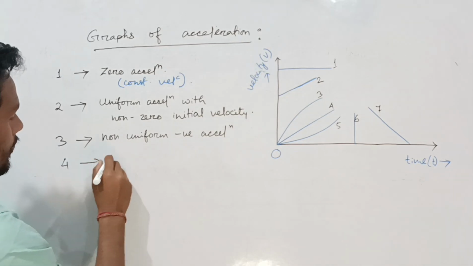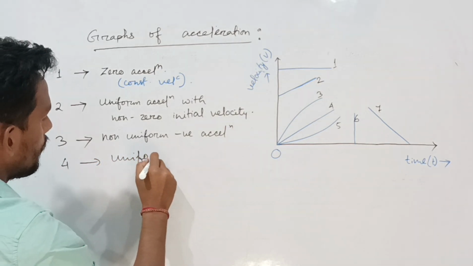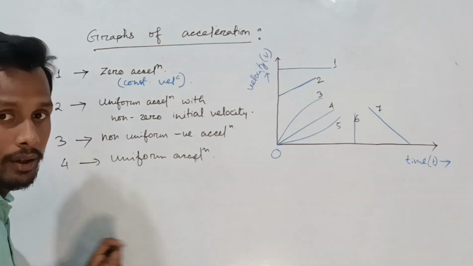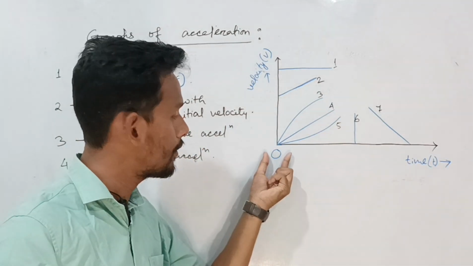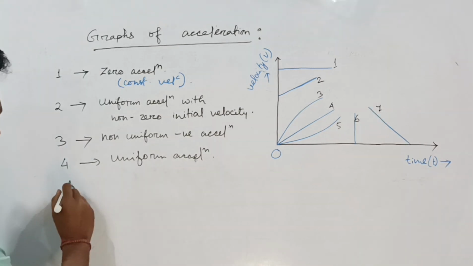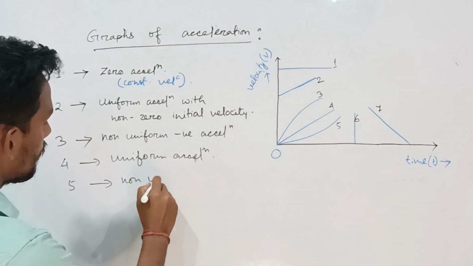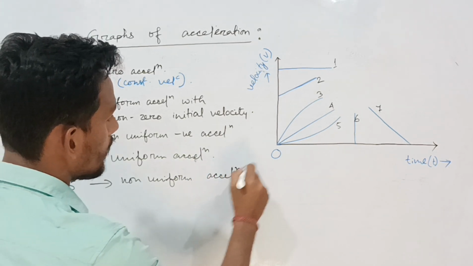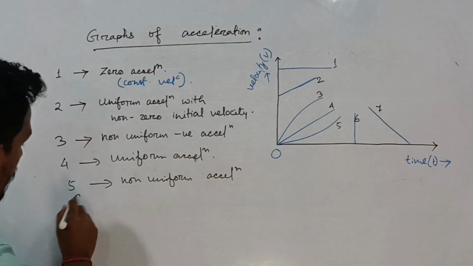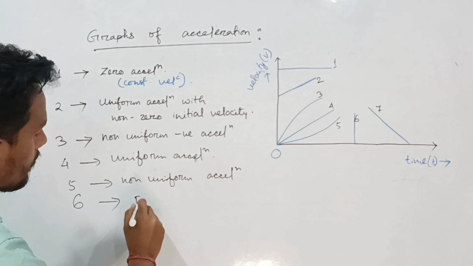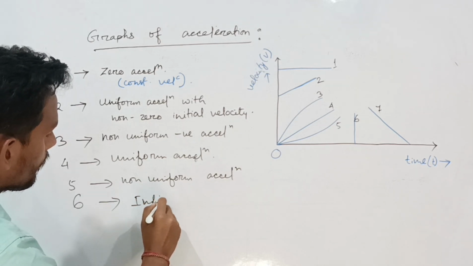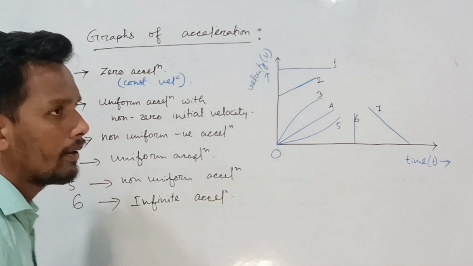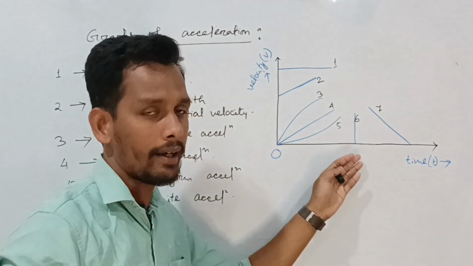Graph 4 is uniform acceleration. It is starting from 0, so initial velocity is 0. Graph 5 is also non-uniform; it is positive, non-uniform acceleration. Number 6 is infinite acceleration, like a car whose brakes fail.